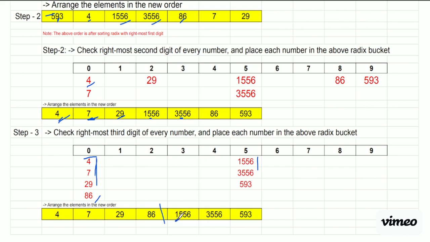How many times I need to repeat this depends on the largest number of digits in a number. In my given collection, whichever number has the most digits, that many times I have to continue this step. In the given collection, the maximum number of digits in a number was 4, which means I have to repeat this whole bucket process 4 times.